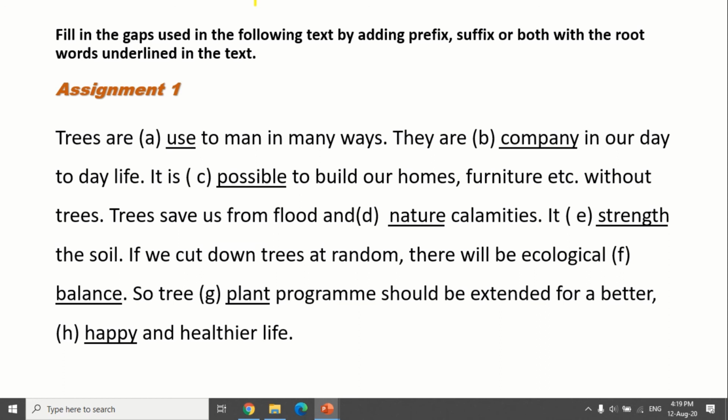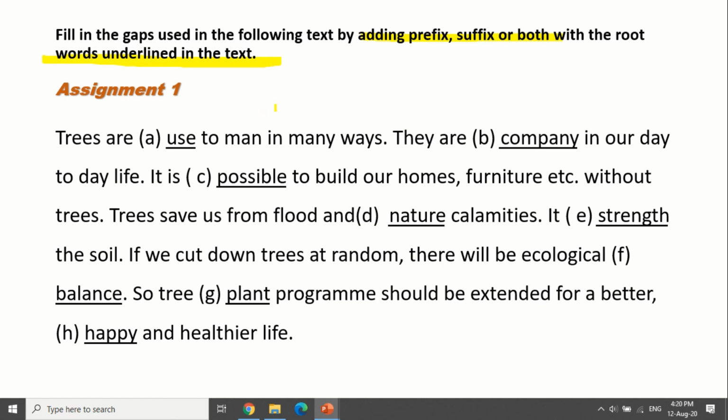The assignments are very much similar to the exercises we have done already. So in this assignment you have to, as usual, add suffix, prefix or both with the root words in the underlined text. So assignment number 1 is this, but I am not going to read out this text. What you have to do, you have to pause the video and then you will write it down on your copy and then you will do the assignment.